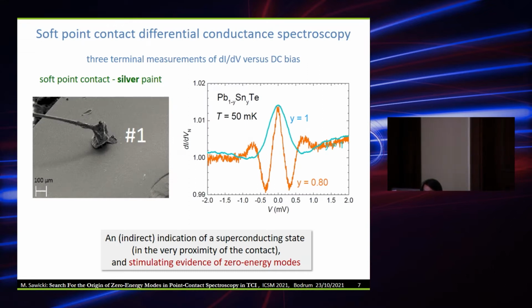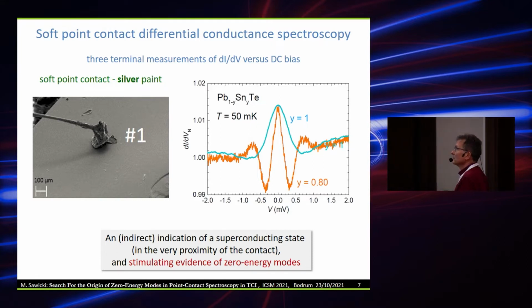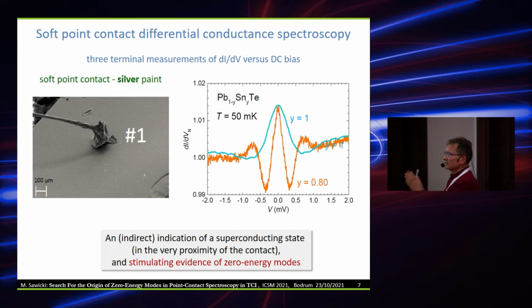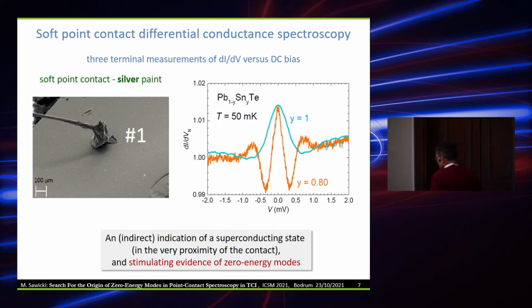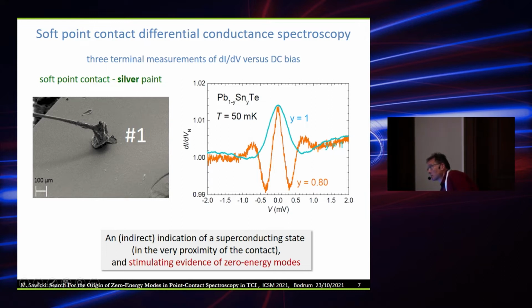So our technique to probe the system is soft point contact differential conductance spectroscopy. So we use three terminal measurements, and this soft point contact is done using just a very thin 15 micrometer thick gold wire and silver paint just to attach it to the surface, one of these fantastically mirror-like surfaces of this material. And what we see in the spectroscopy is something which is very, very characteristic.